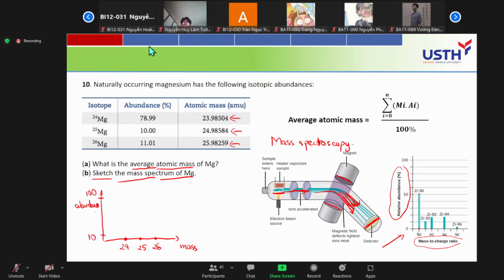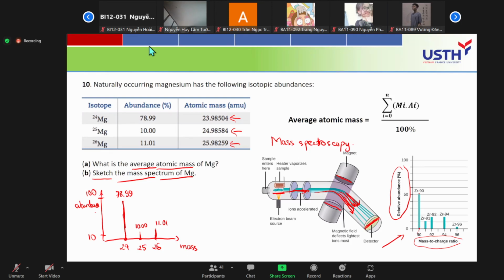So 25 is around 10, 26 is around 11, a little bit higher, and for 24 it will be 79. It's here. So you can write the values of the abundance, and that's it. This is the mass spectrum of magnesium.